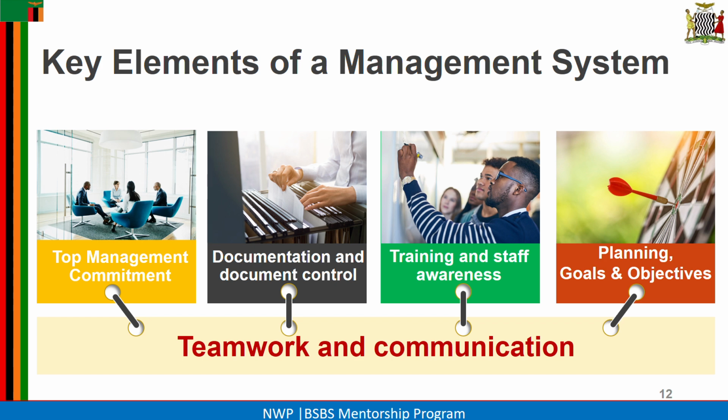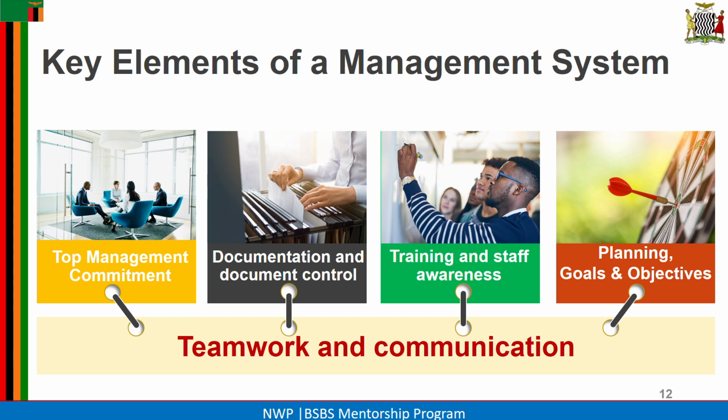If you implement all these 4, you need something that will link them together and make sure that they are working together. Therefore, in this case, you need teamwork and communication. I'll explain that later on.